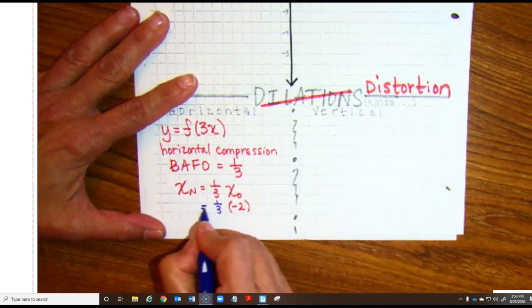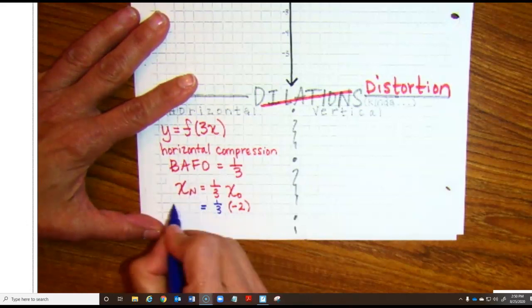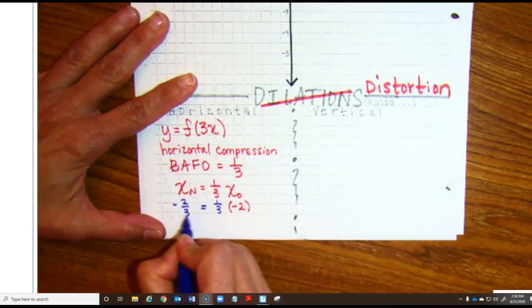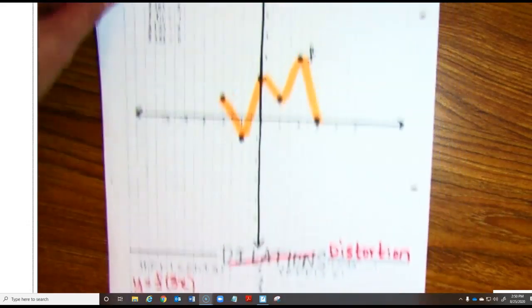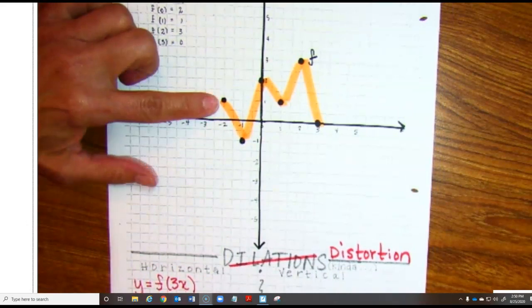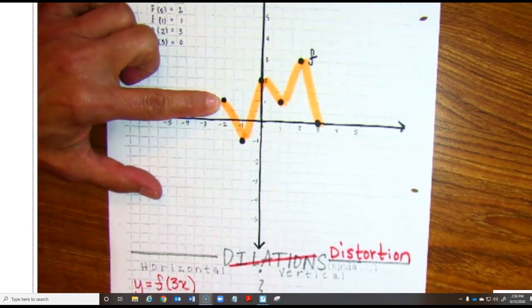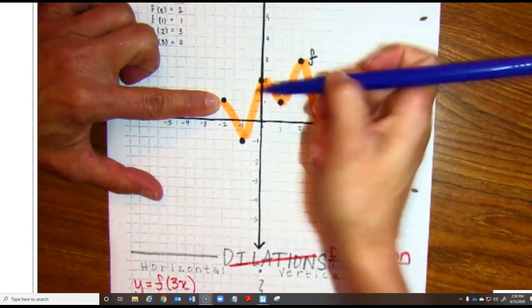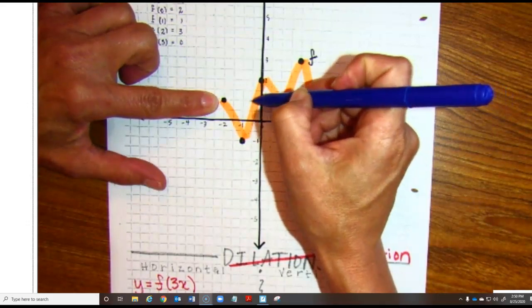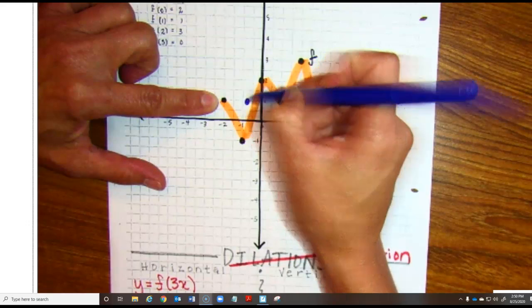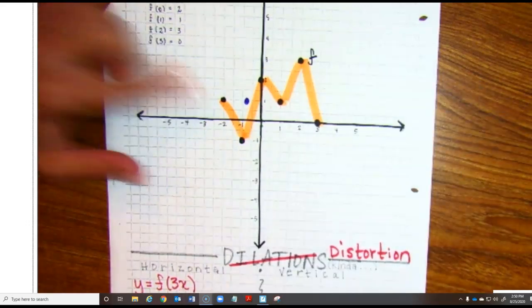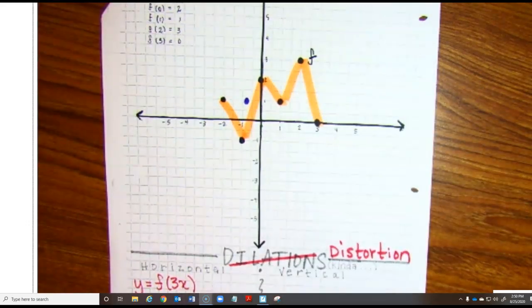So our brand new x coordinate is -2/3. So let's go back up to our original graph. Here I am at -2. I'm going to kind of estimate where -2/3 is. It's going to be greater than 1/2, so approximately right here. And that's going to be the first stop for the horizontal compression.